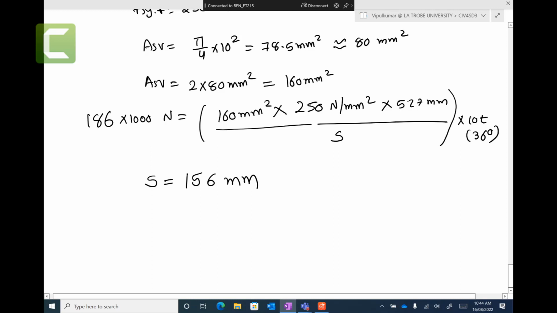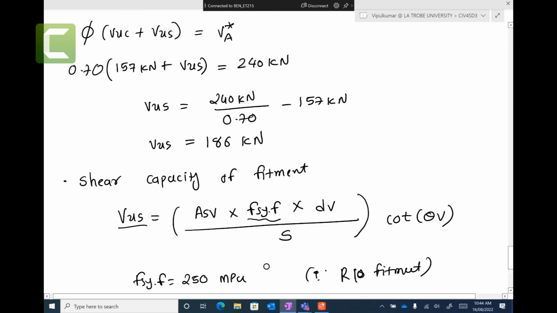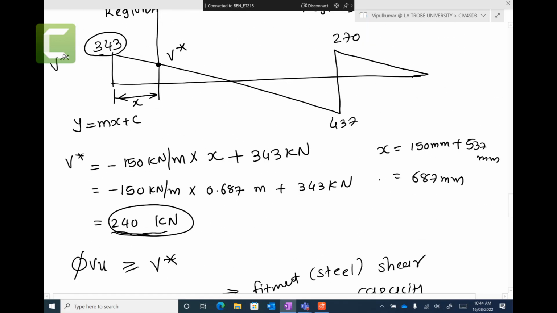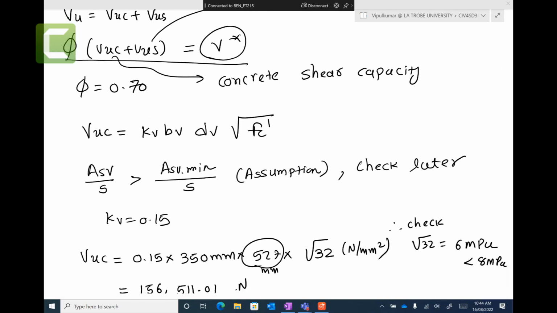So now there are a couple of checks that we need to make. First check that we need to make is ASV on S should be greater than ASV minimum of S. You remember that we told that we would make this check later.